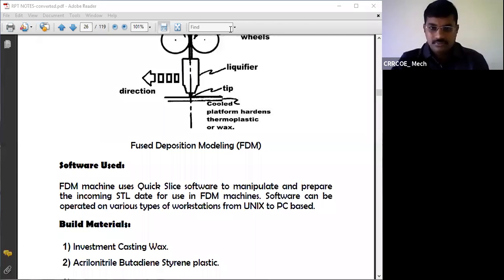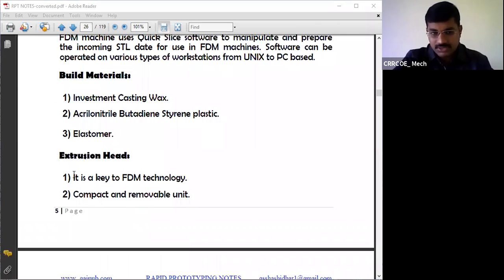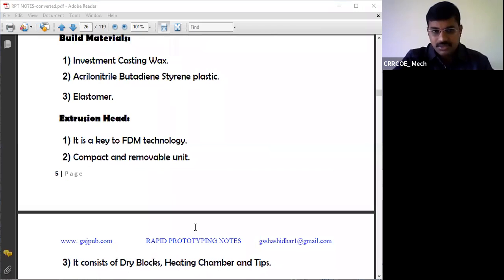Anyway, my duty is to give you knowledge. In FDM techniques, extrusion heads are required.